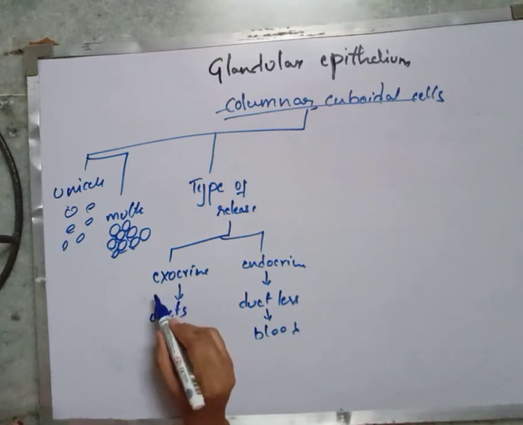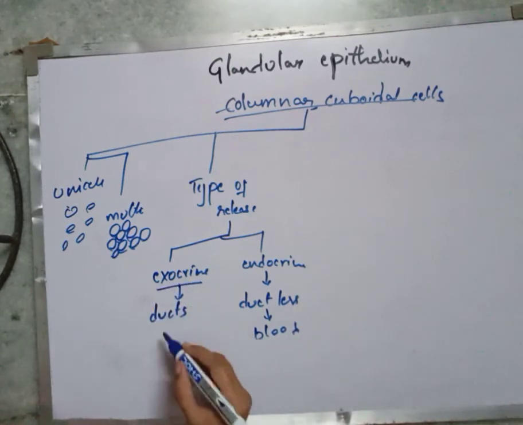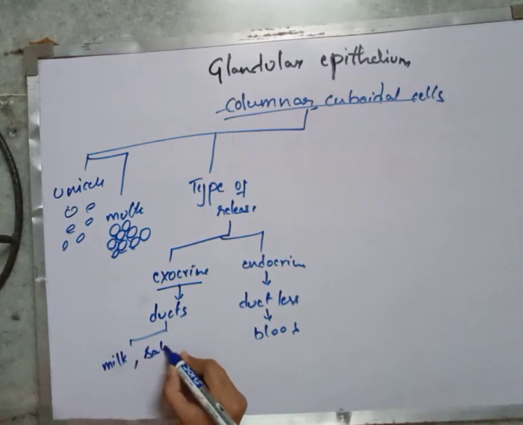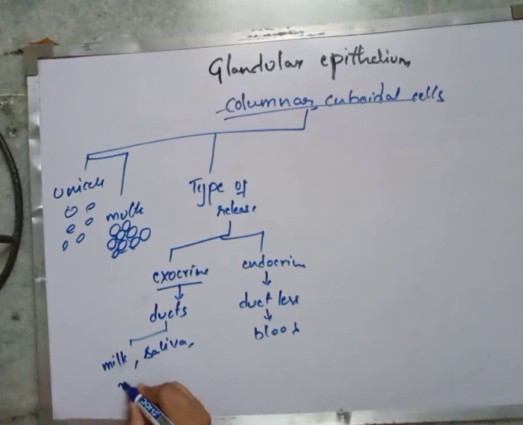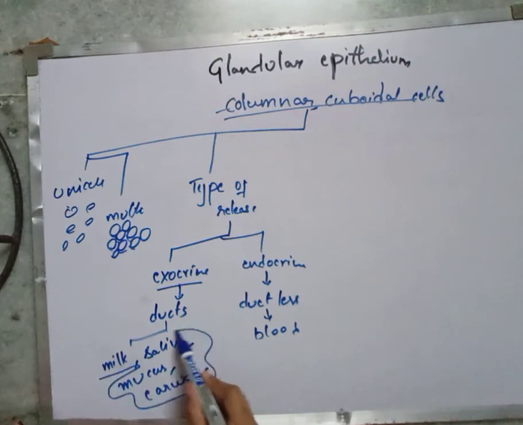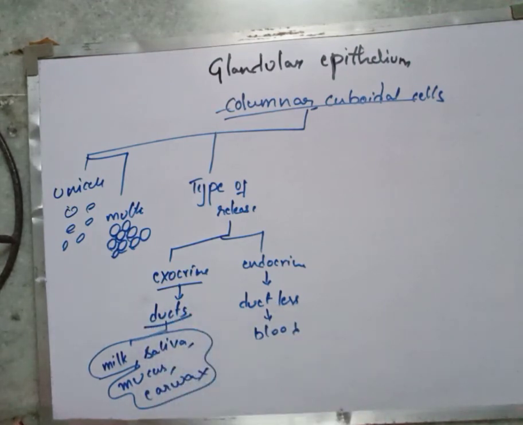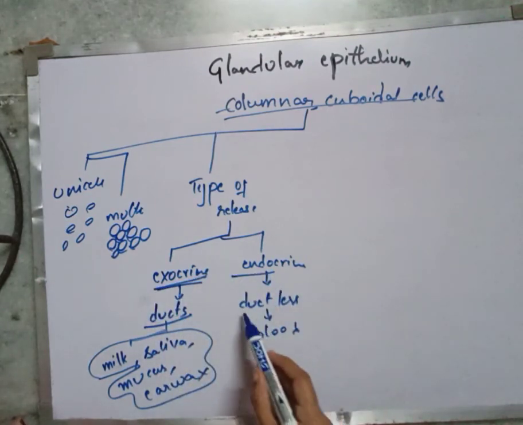The exocrine glands mainly release secretions such as milk, saliva, mucus and earwax. All these secretions are released through ducts to the body, so they are exocrine glands, whereas the endocrine glands are ductless.